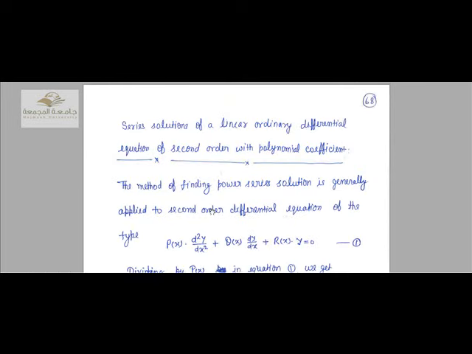Now we are going to study the series solution of a linear ordinary differential equation of second order with polynomial coefficients. The method of finding a power series solution is generally applied to a second order differential equation of the type P(x) d2y by dx2 plus Q(x) dy by dx plus R(x) into y is equal to 0.